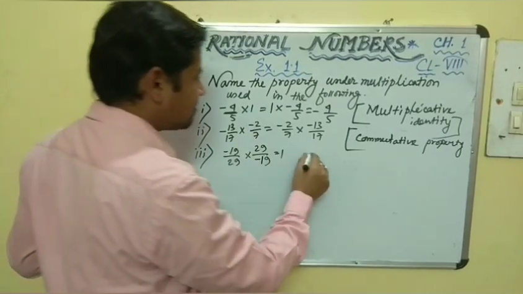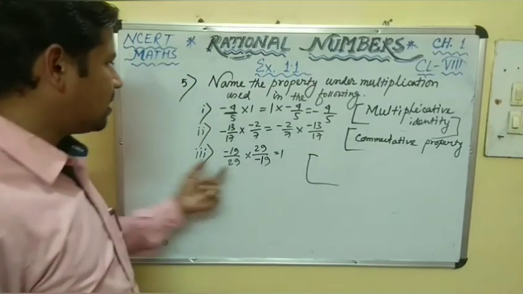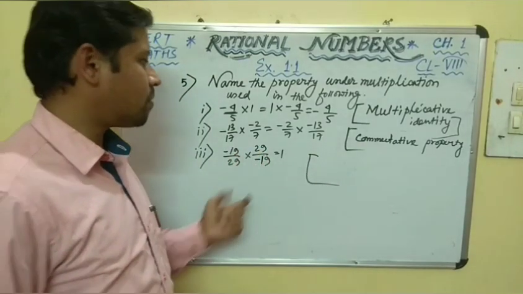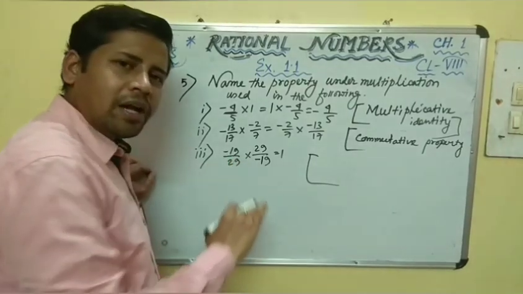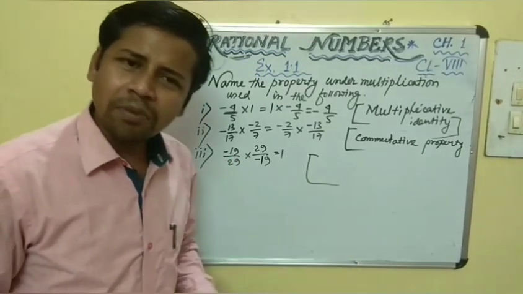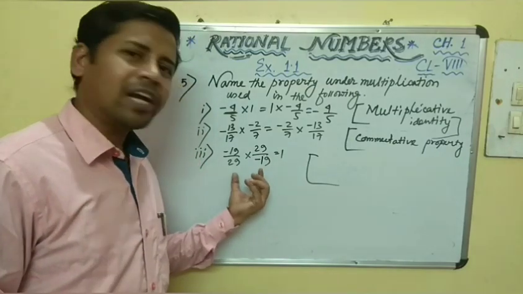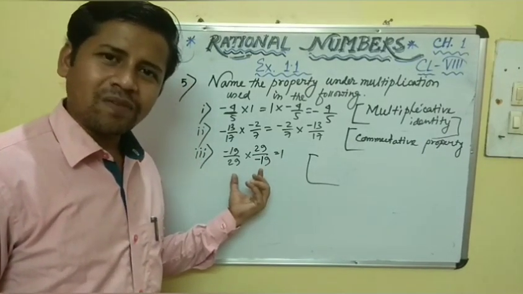And here this into this equals 1. It is nothing but the multiplicative inverse property. If you multiply a number by another number and the product is 1, then we say that both of them are the multiplicative inverse or reciprocal of each other.